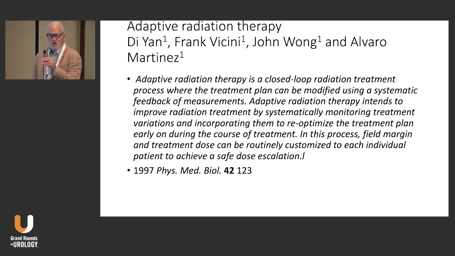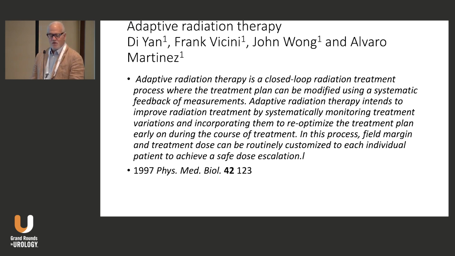Adaptive radiation therapy intends to improve radiation treatment by systematically monitoring treatment variations and incorporating them to re-optimize the treatment plan early on during the course of treatment. And in this process, the field margin and treatment dose can be routinely customized to each individual patient to achieve a safe dose escalation.